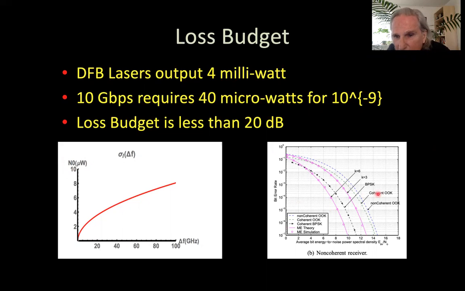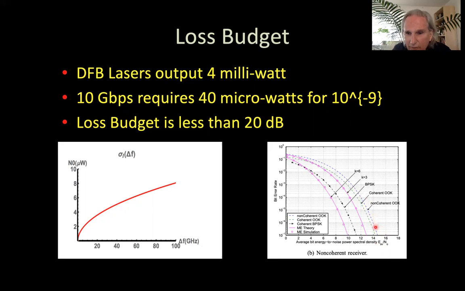If we look over here for non-coherent on-off keying, which is what we are using in silicon photonics, if we come out here, we see if we wanted 10 to the minus ninth, we're at 15. Bit error rates used to be 10 to the minus ninth without error correction.